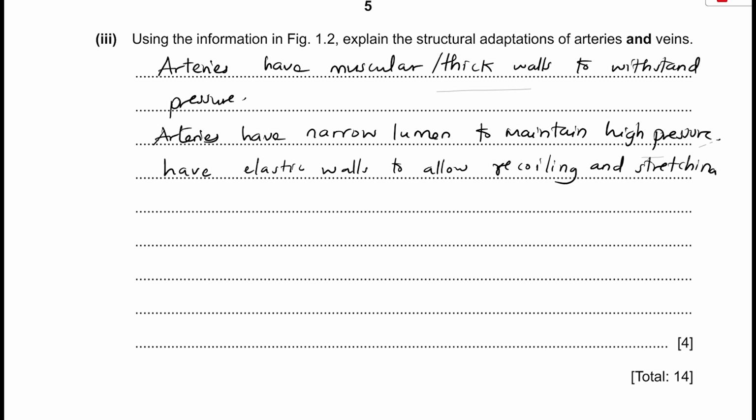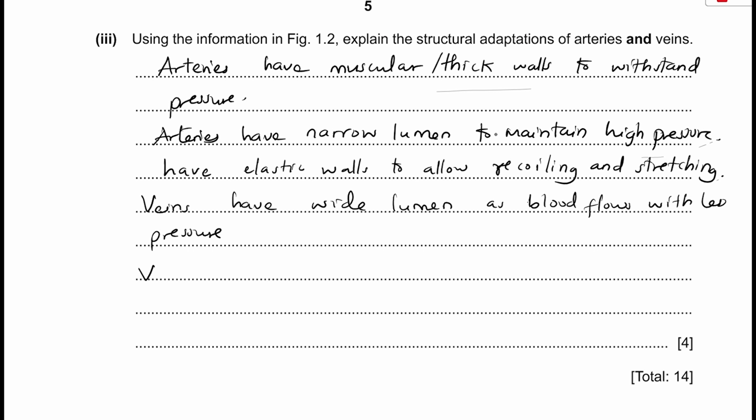And then for veins, we also say that they have wide lumen. Why do they have wide lumen? Because blood is flowing with low pressure, at less resistance. But also they have valves, because the blood here is not flowing at a high pressure.